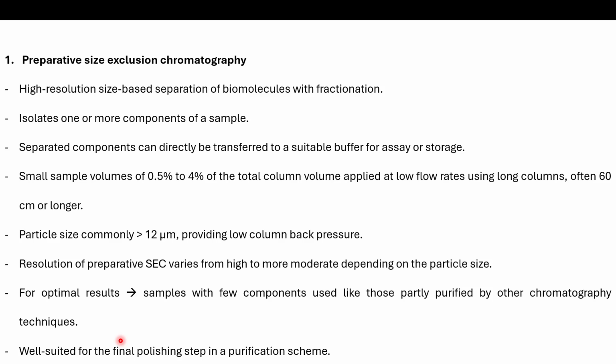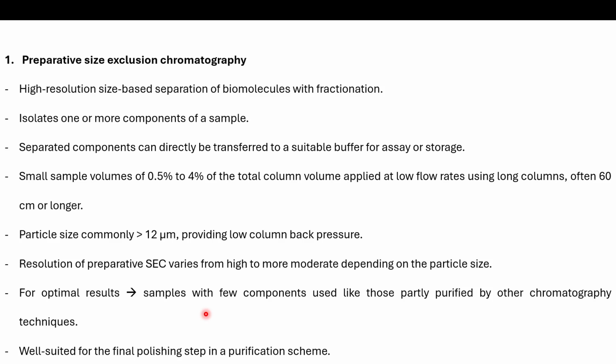Initially for ion exchange chromatography and hydrophobic interaction chromatography, the whole cells were lysed, things were centrifuged, the lysate was loaded, and the lysate had too many molecules which are not of our interest.